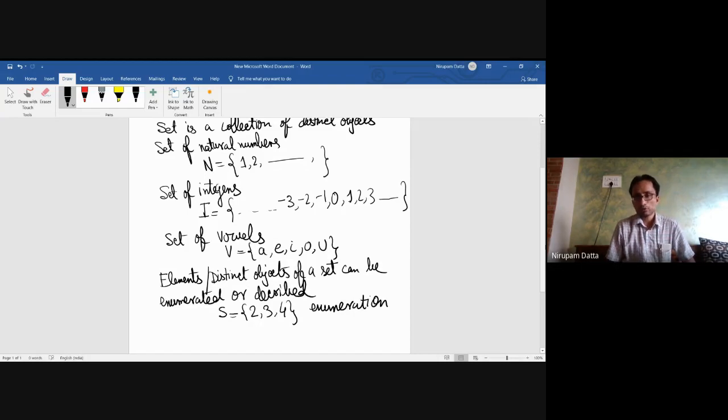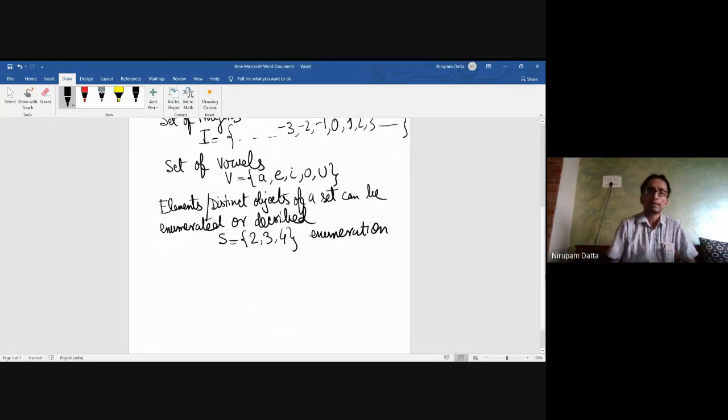But when we speak about a set that may contain an infinite number of elements, it is not possible to enumerate all of them. Let's say we are considering a set of positive integers. There are infinitely many positive integers, so we cannot enumerate them all. What do we do in that situation? We write something like this: P = {x | x is a positive integer}. What do we mean? We mean that x is an element of the set P, and x is a positive integer.